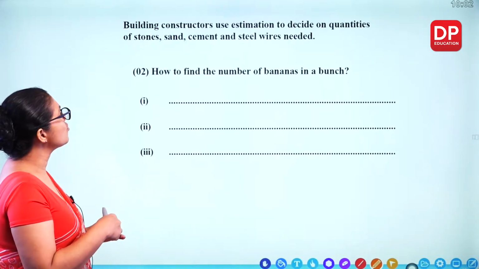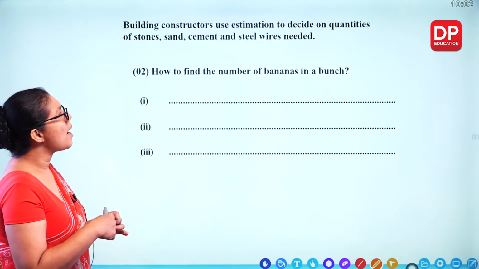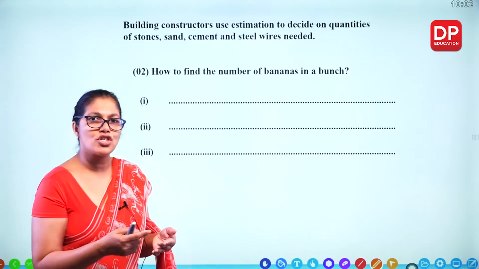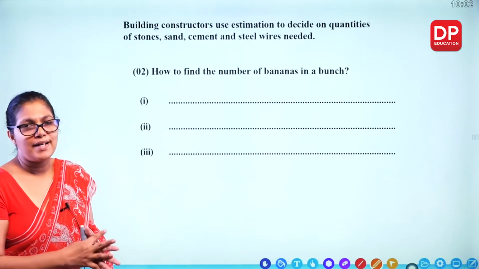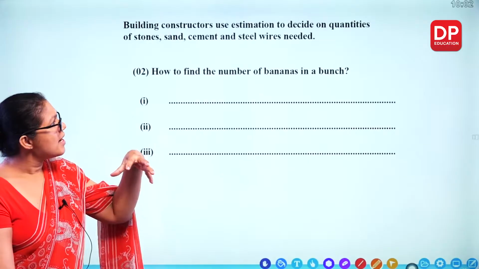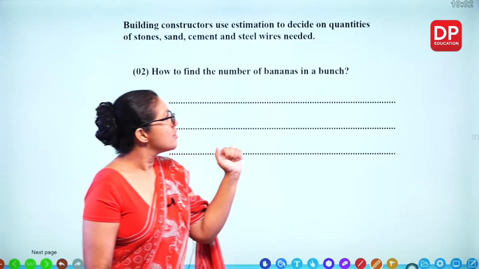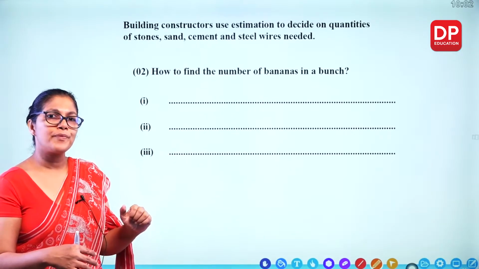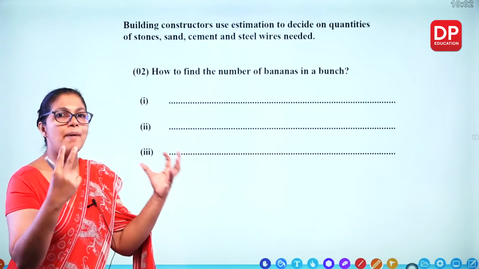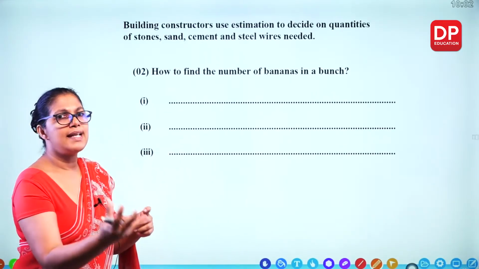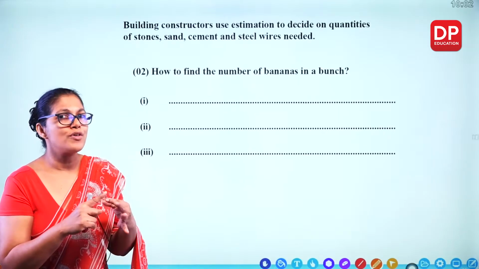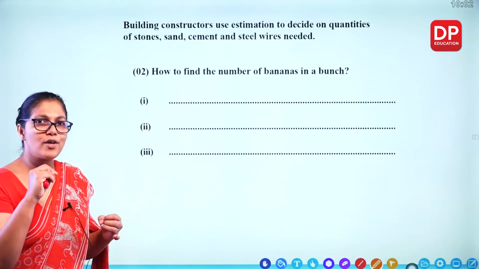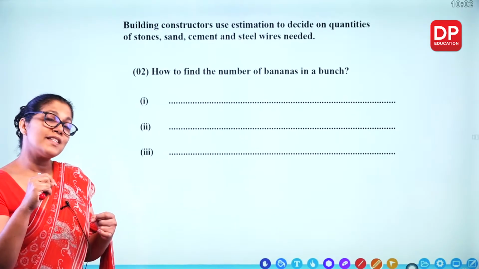Now take a look at this question. How to find the number of bananas in a bunch? So there are several combs in the banana bunch. So what do you do? We can take the middle part of the bunch and select one comb. Then you can count how many bananas in one comb. Then what is the next step?